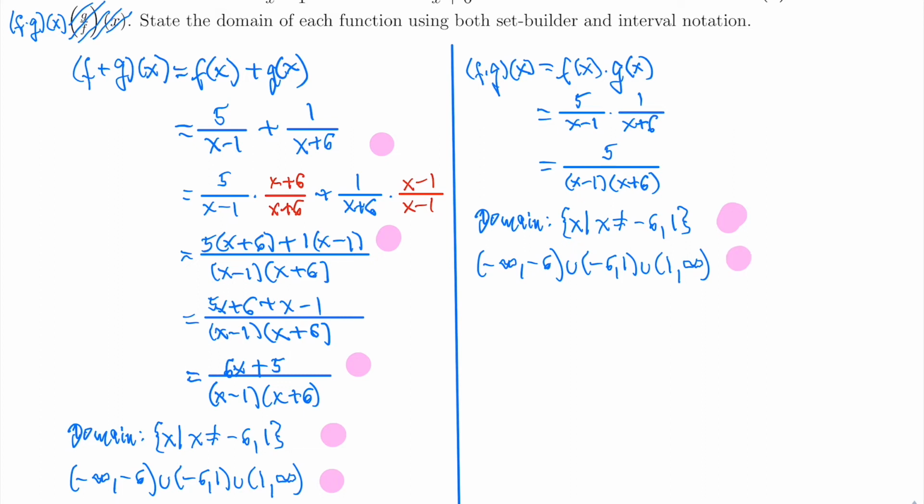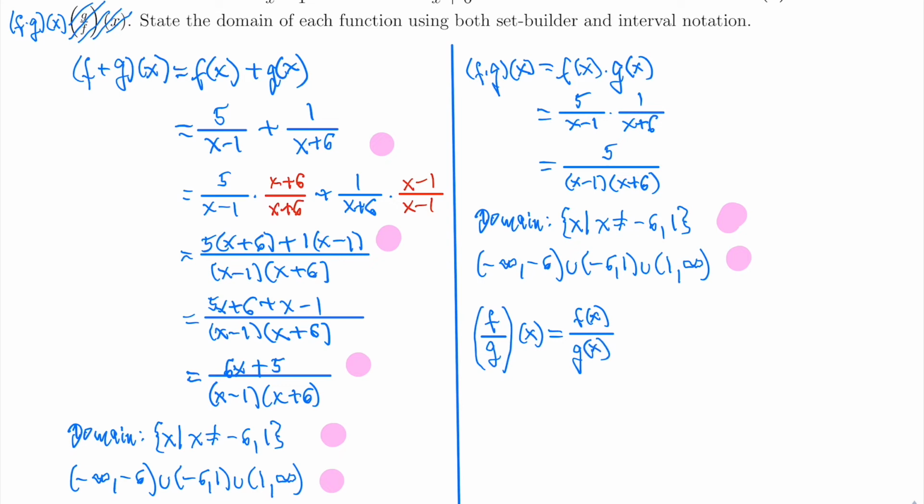Now our last example is when we divide our two functions, and we again start the same way. I highly recommend when you work your homework that you do the same thing, that you always start with the definition of what it means to do any of the operations, in this case divide, by simply writing it out as your first step.